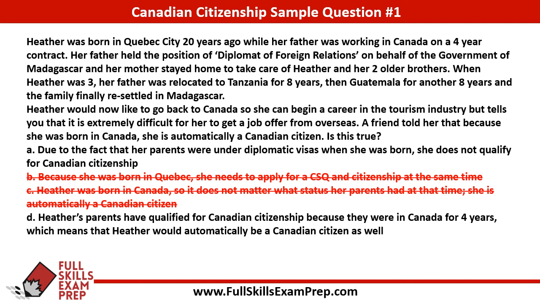All right, so with this analysis, we know that she does not have to apply for a CSQ, so she doesn't have to apply for PR in order to obtain her citizenship in this context. And I'm talking about automatically being a Canadian.